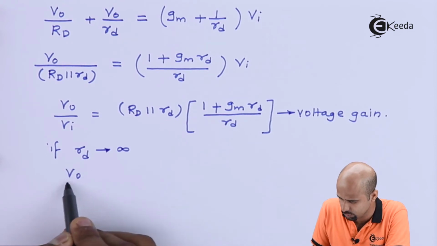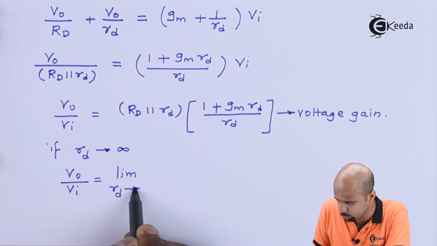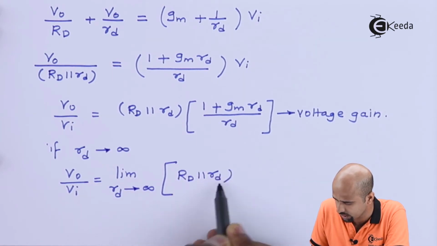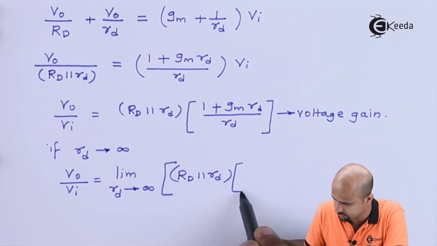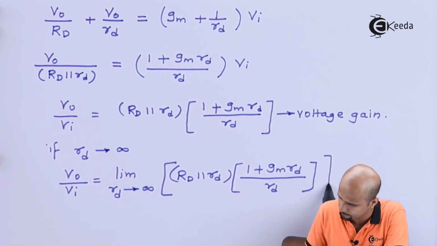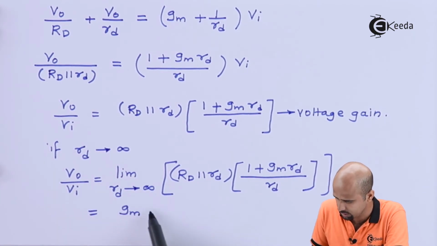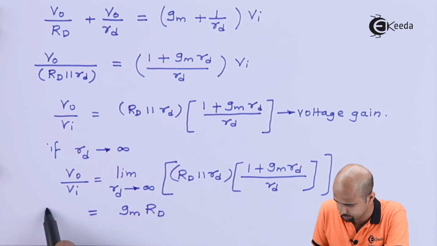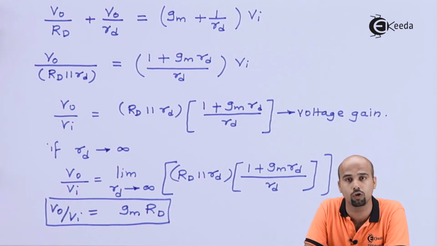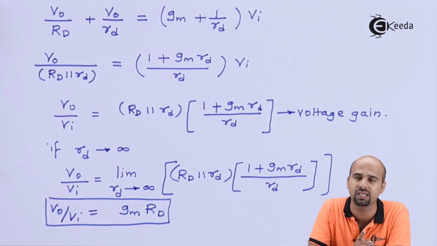Then VO upon VI will be the limit on RD tending to infinity of the complete bracket, that is RD parallel small rd and this bracket 1 plus GM into this whole bracket, and this gives the answer same as GM into RD.